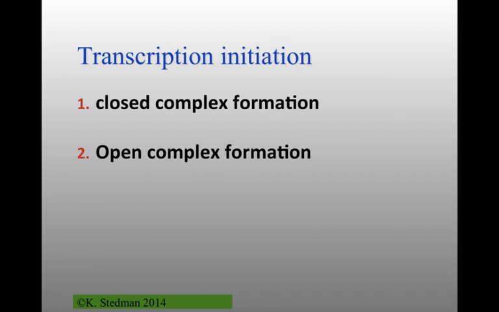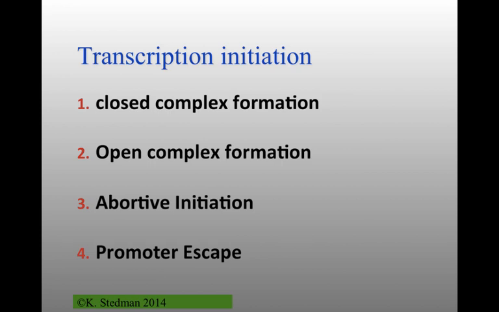Then abortive initiation takes place, which I mentioned already, and then you finally move from getting started, are we going to do this or not, to actually moving beyond the promoter. You lose the sigma factor, you stop doing this abortive initiation, and then you're an elongating, highly processive polymerase.